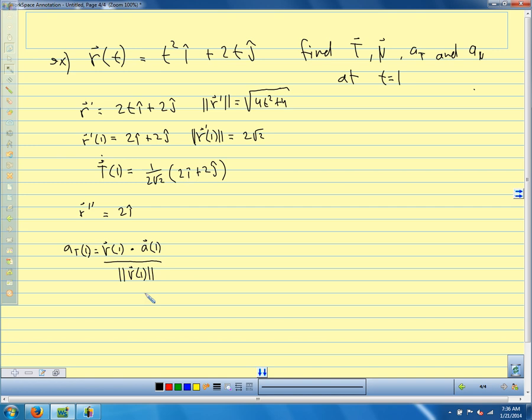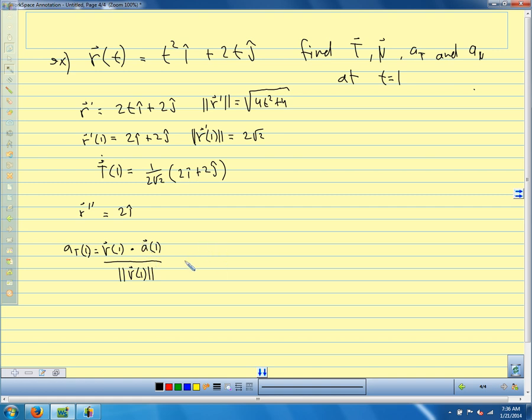So that's how I'm calculating this tangential component of acceleration. Well, we already found r prime is our velocity, and we found the magnitude of our velocity. So all we need to do is find the dot product of r prime at 1 with the acceleration at 1 for our numerator here.